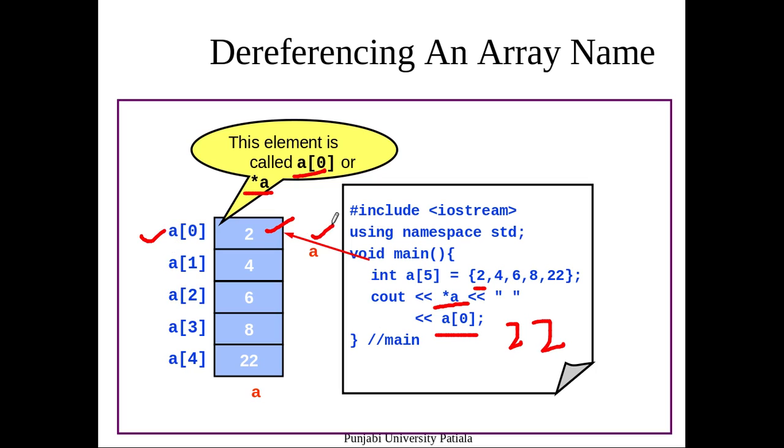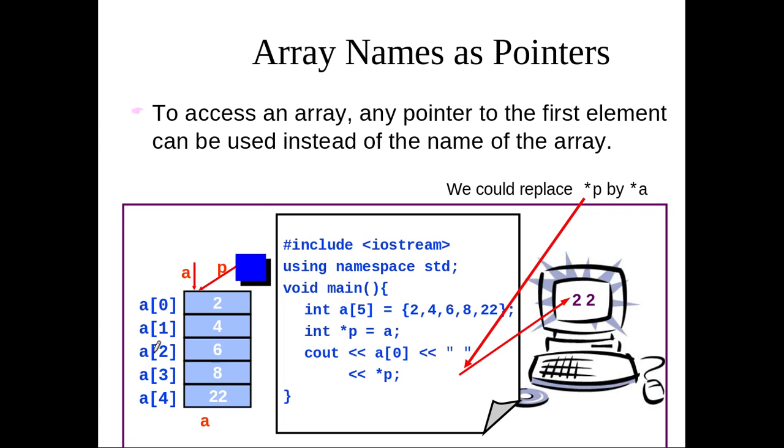Because the name of the array is a pointer, you can access any location with the help of a pointer, or you can access any location with the help of the index number. To access an array, any pointer to the first element can be used instead of the name of the array. Now because the name of the array contains the address, which is basically the base address, you should not change that address in any way.